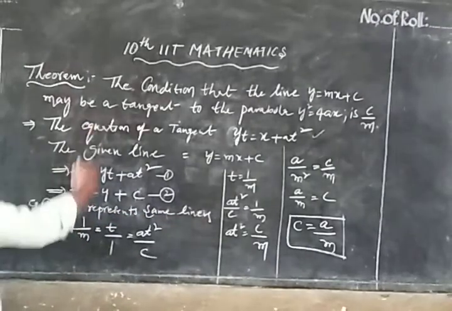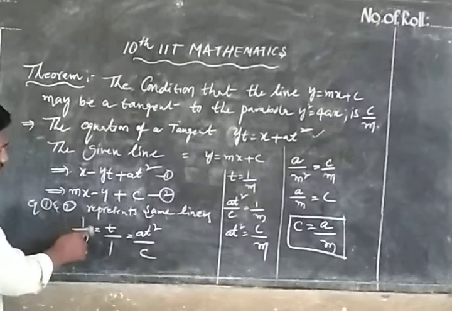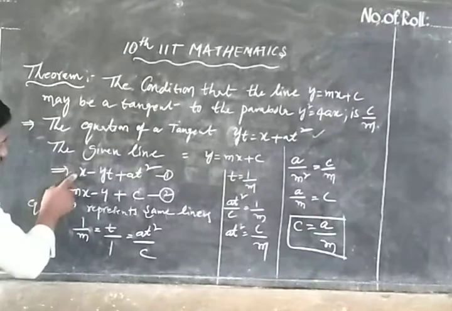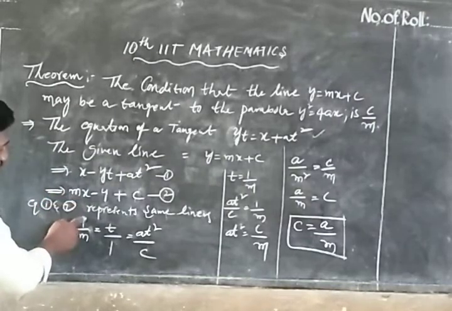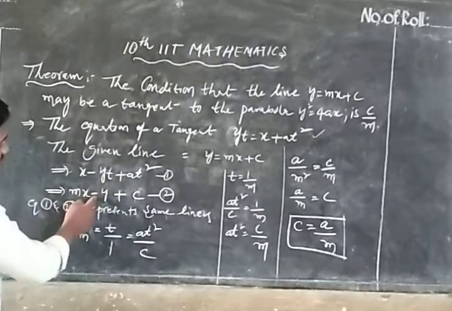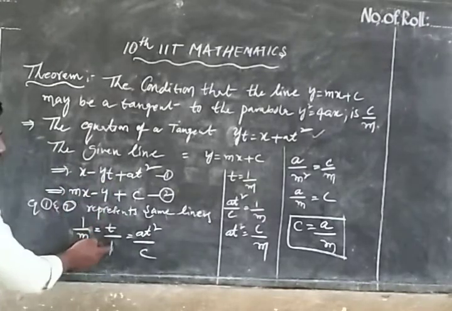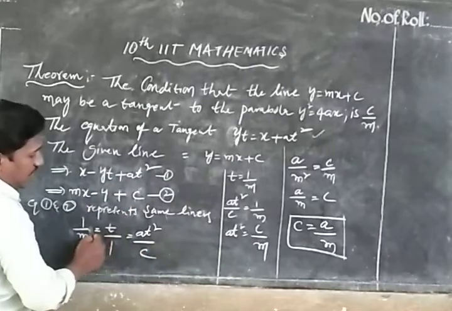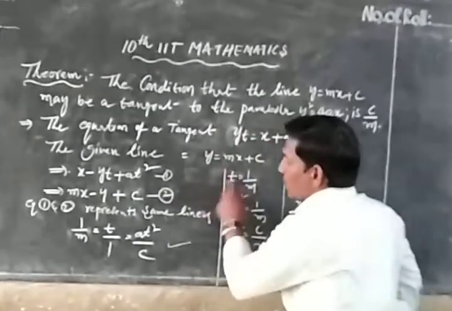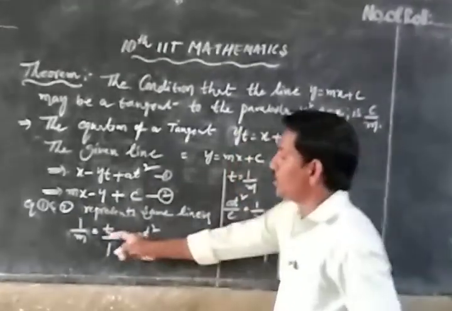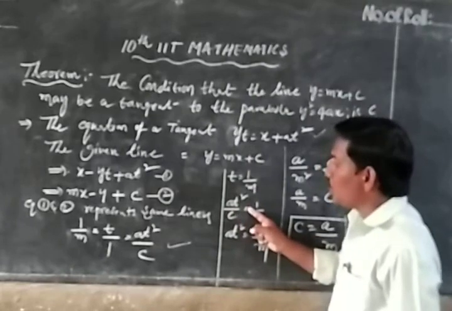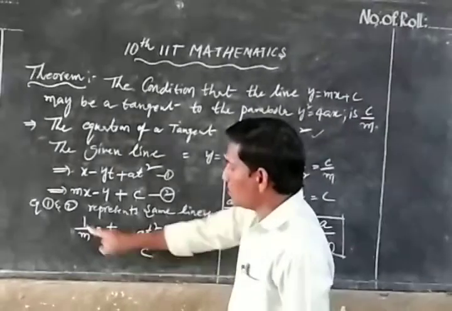That's why, compare the coefficients of x and y. Here, what is the coefficient of x? 1 by m. Here the coefficient of y is t. Here minus, both are equal. t by 1 equal to at square by c. So from that t equal to 1 by m. Next, at square by c equal to 1 by m.